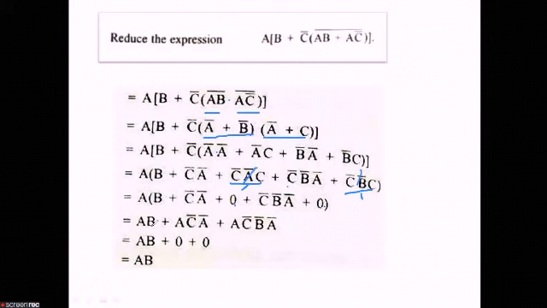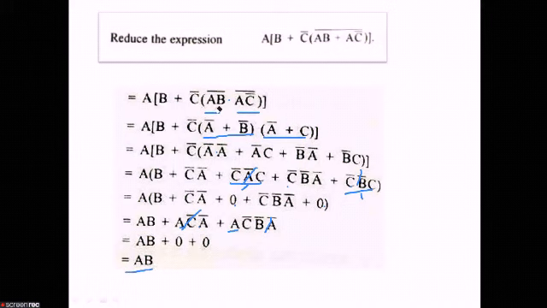So we are getting AB plus A C bar A bar plus A C bar B bar A bar. Now again see, this one is A and A bar, so it is cancelled because this whole term is 0. Again here you see there is A and A bar, so this is again 0. So it is AB plus 0 plus 0. So this expression is equal to AB.